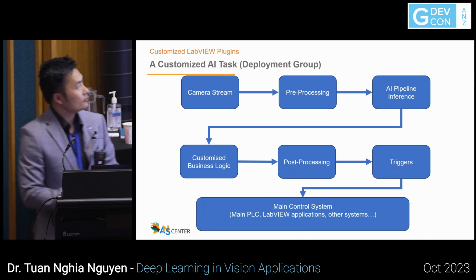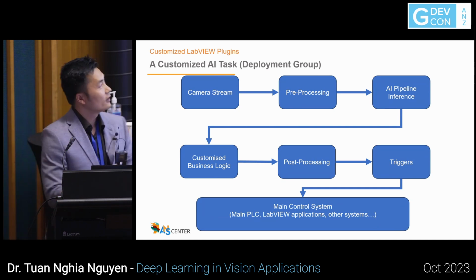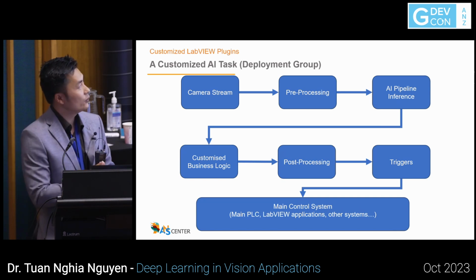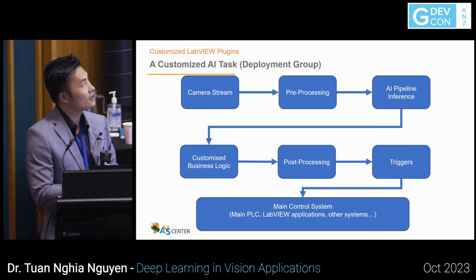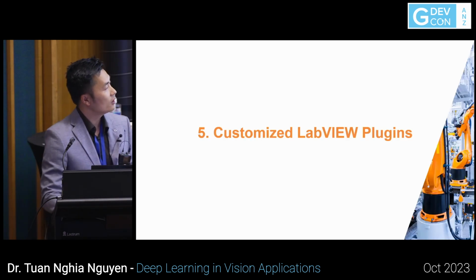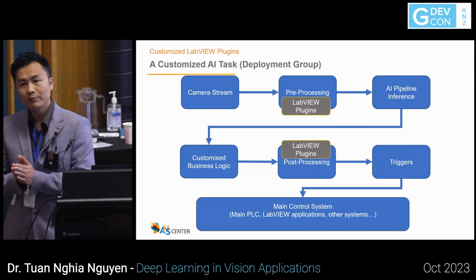So this section, before we talk about the scale up, is about a plugin that allows us to integrate the LabVIEW application on that framework. The customer with the LabVIEW plugin has two areas: the first one is pre-processing and then post-processing.